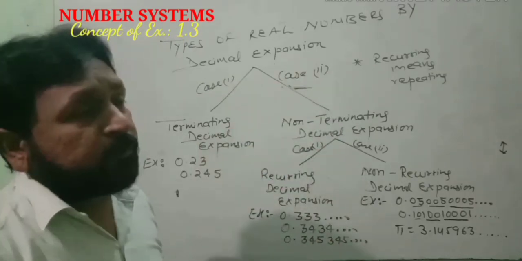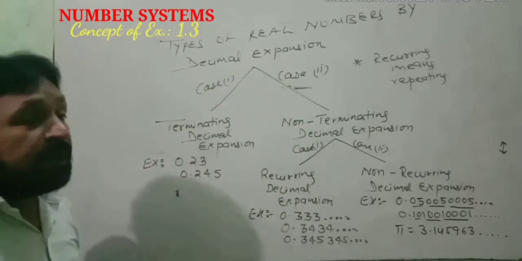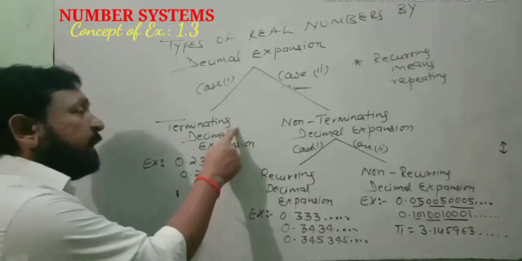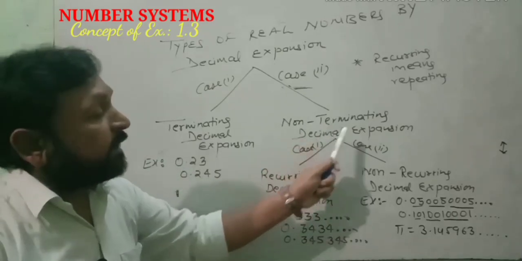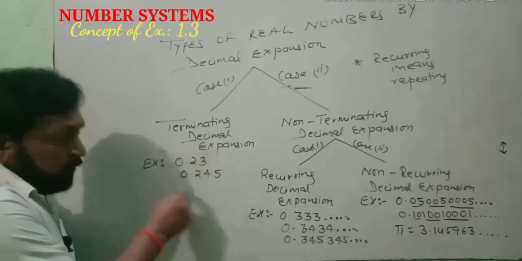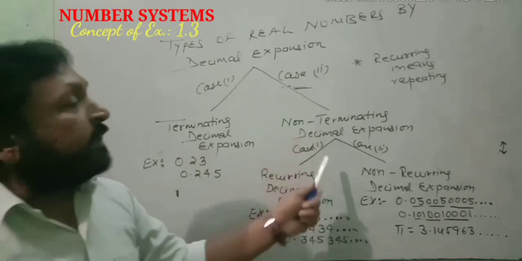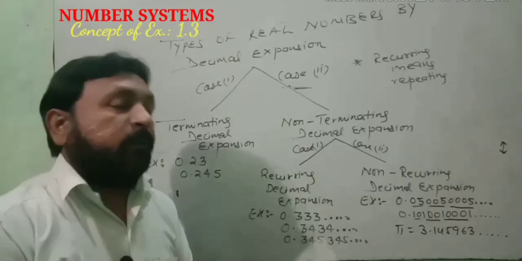Till now I had explained you only decimal expansion. I had told decimal expansion is basically of two types. Either it is terminating decimal expansion or it is non-terminating decimal expansion. Terminating decimal expansion means it gets finished. Non-terminating decimal expansion means it is not finished, it is going on continuously.